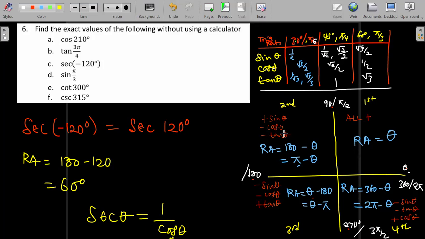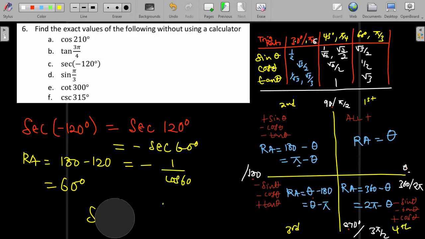Negative. Okay, so it means this one will be the same as minus sec 60 degrees. Okay, so this is the same as minus 1 over cos 60. Okay, but what is cos 60? Cos 60 here we found it was what? Half. So this will be minus 1 over 2.